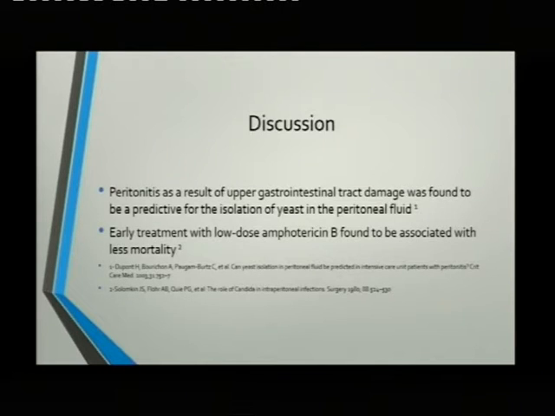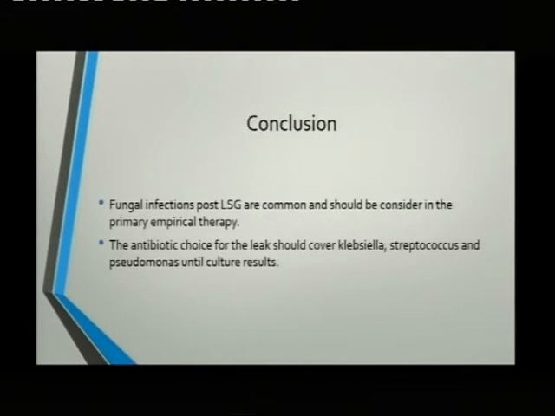There is an old study that suggested that low dose amphotericin B causes less mortality in these patients. So we should be serious with these patients and try to optimize whether the antifungal treatment is effective or not. I think we should consider it.